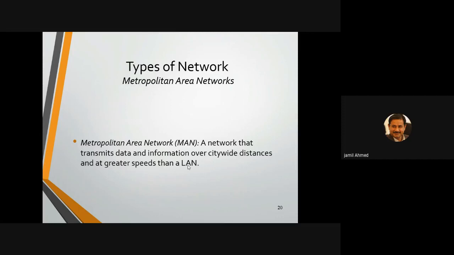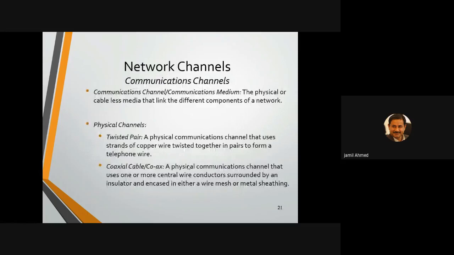Next, network channels. We will discuss that physical channels are those where cables are involved. One type of cable transmits the data by using twisted pair, and another is coaxial cable. Twisted pair is a physical communication channel that uses strands of copper wire twisted together in pairs to form a telephone wire.